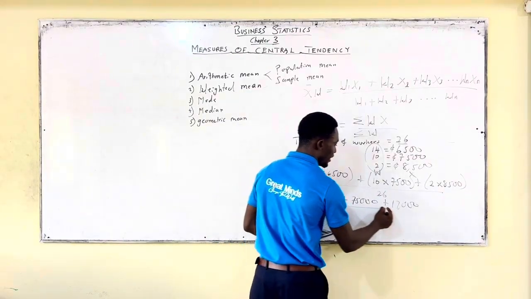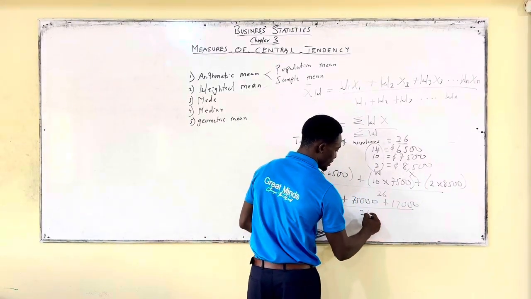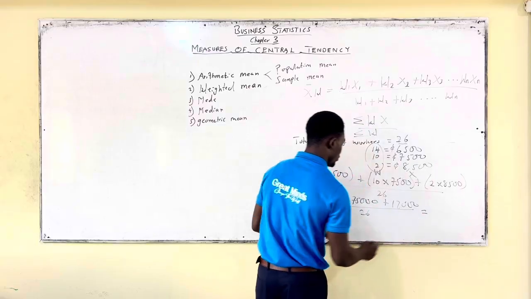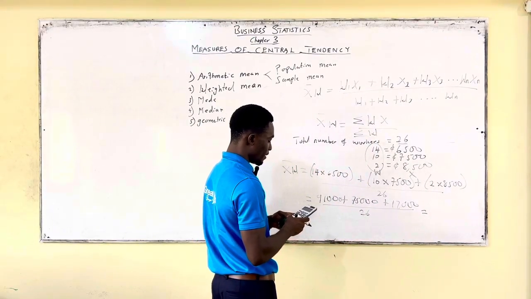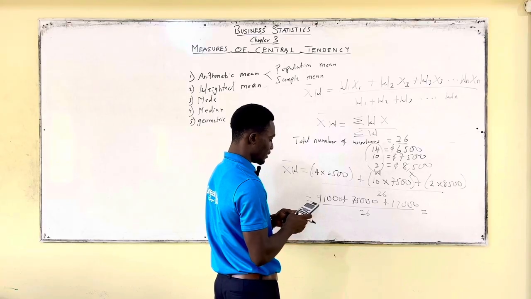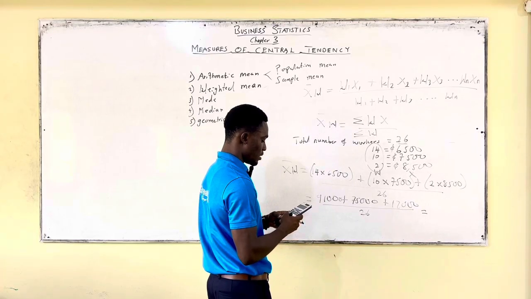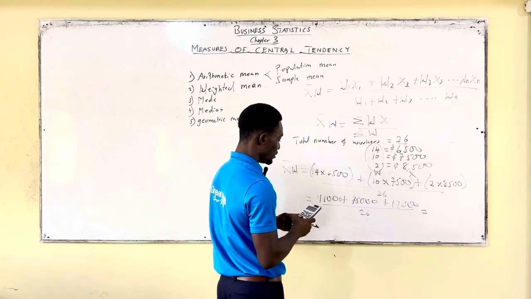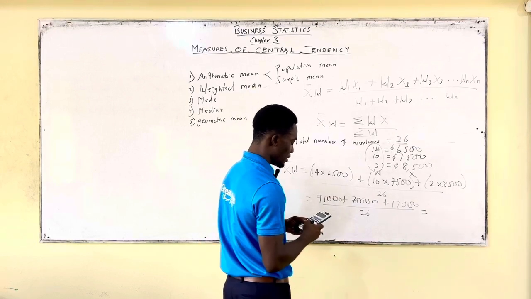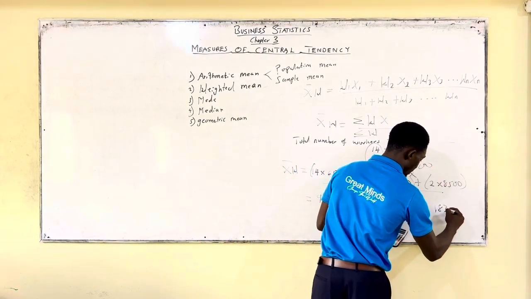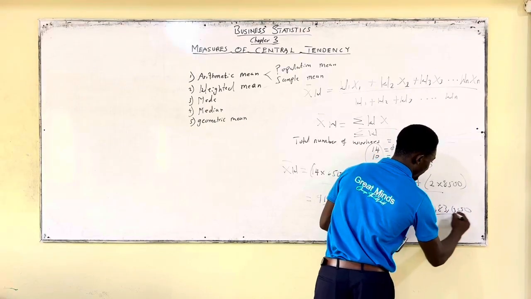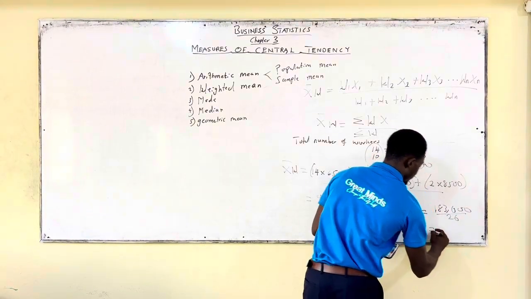So we divide by our 26, and 91,000 plus 75,000 plus 17,000 gives us 183,000 divided by 26.